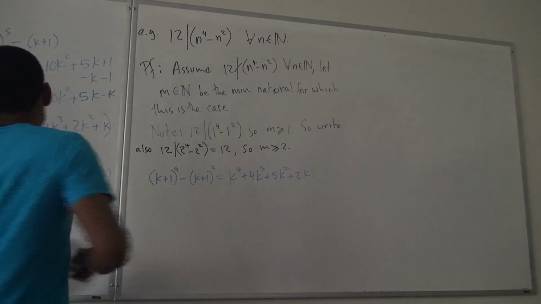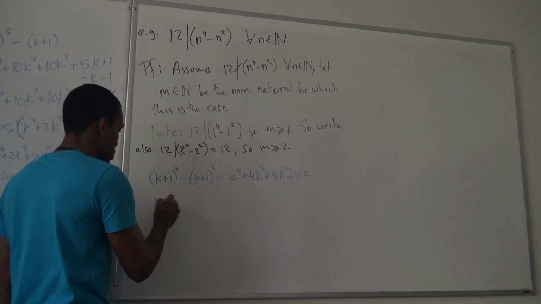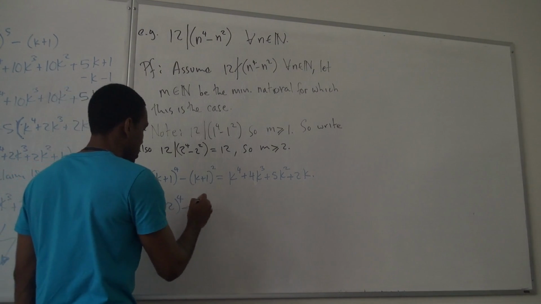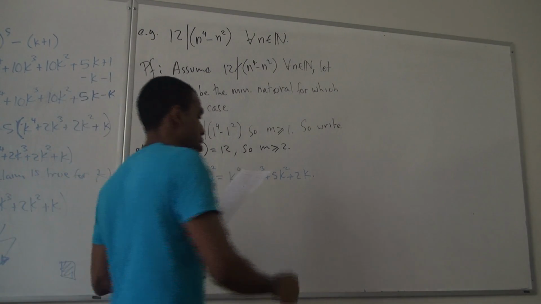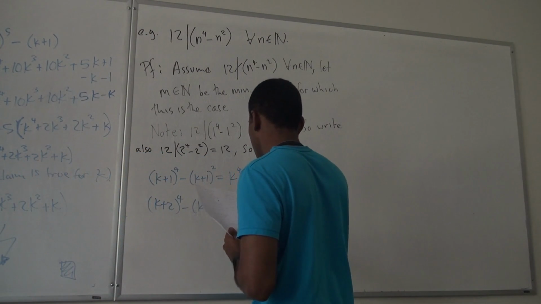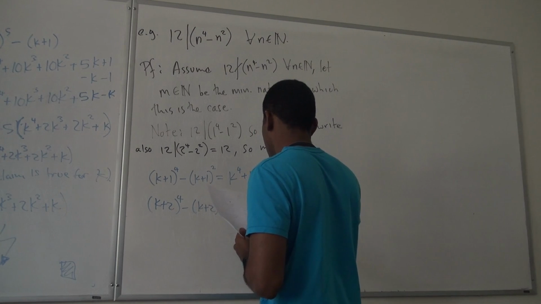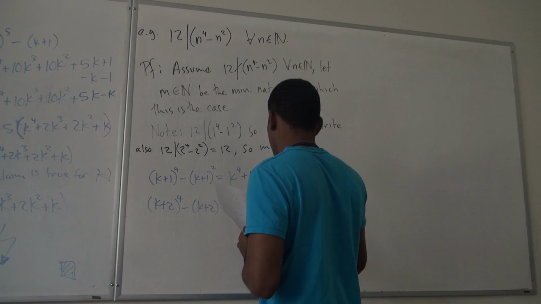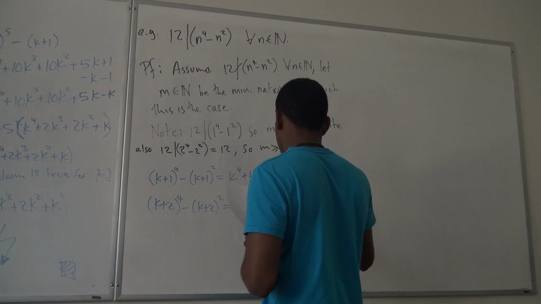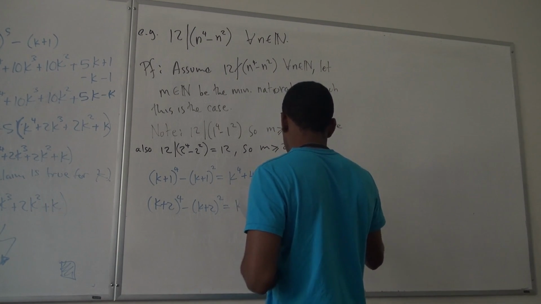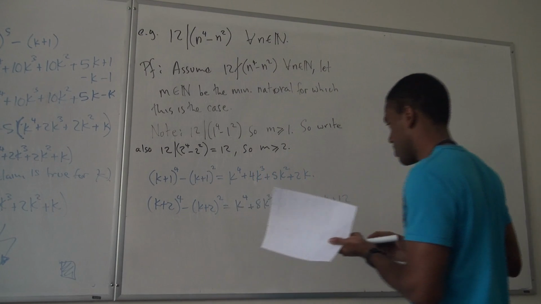And then you do a similar technique and you look at k plus 2, right? So I did this, and what I end up with is k to the 4th plus 8k cubed plus 23k squared plus 28k plus 12.